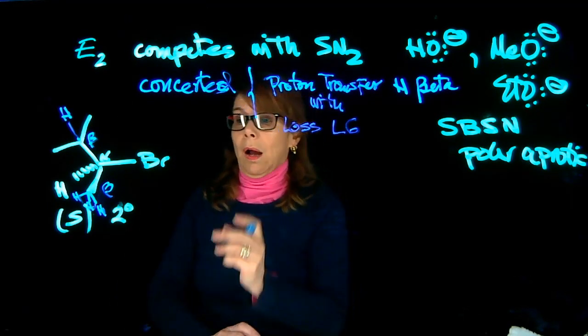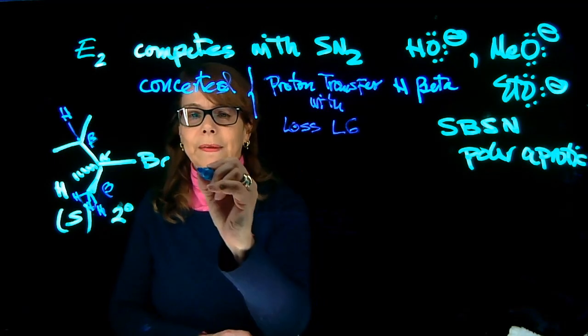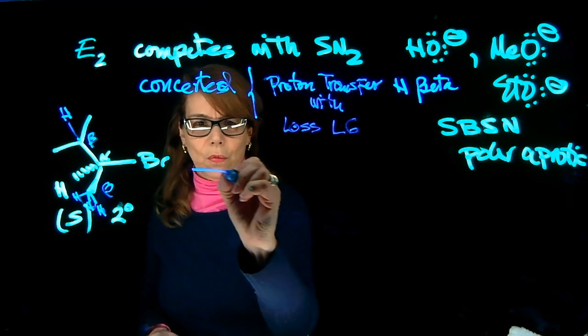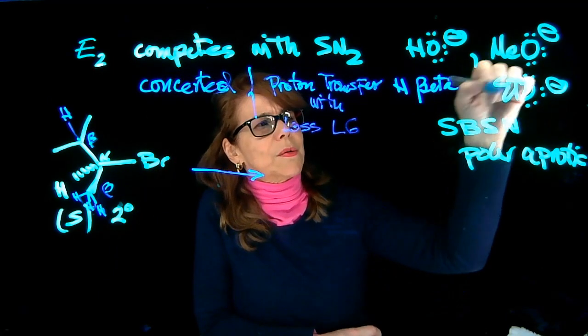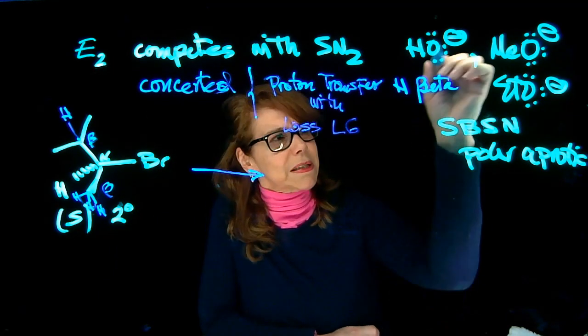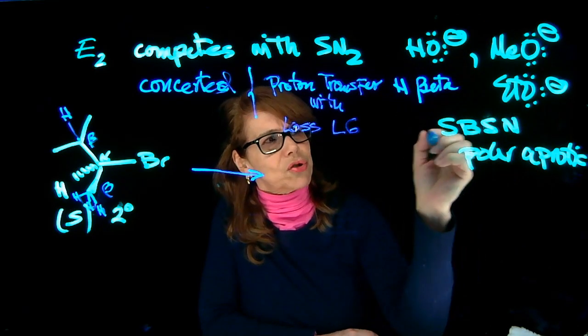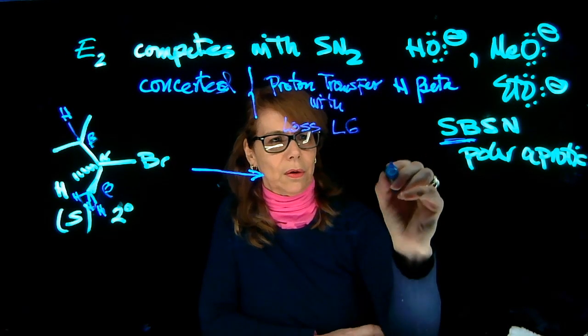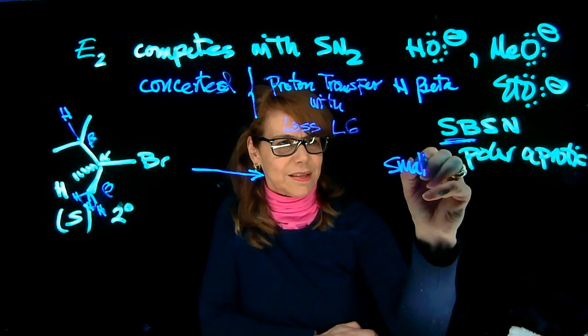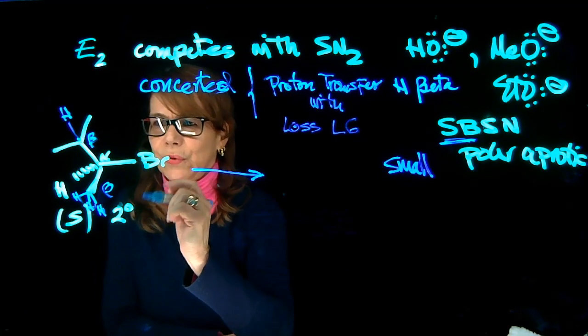Now I'm going to do one of the products here. Another thing that's important here is the nature of the base. All of these are strong bases, but they're also small in size. That's going to be important for what we're doing next.